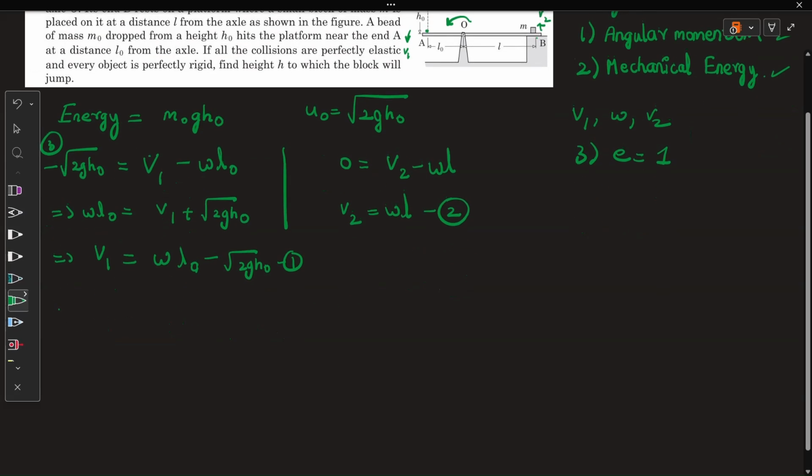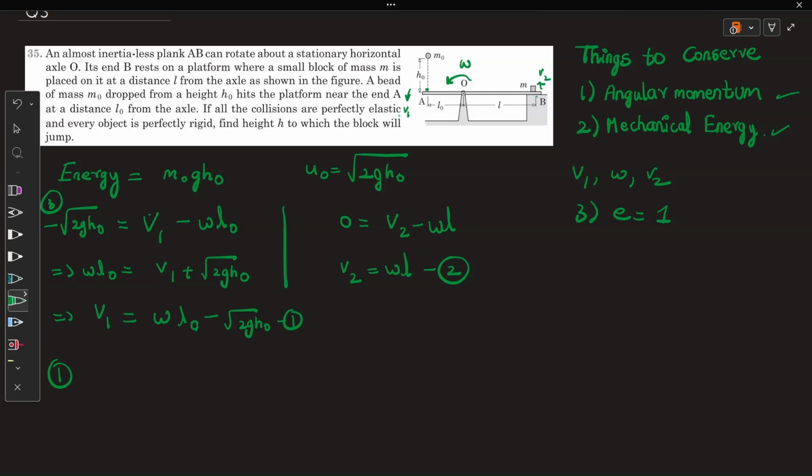If we conserve angular momentum, initial angular momentum anti-clockwise is positive, so this generates an anti-clockwise thing. So m naught into under root 2g h naught into L naught, which is the initial angular momentum, equals the final one.